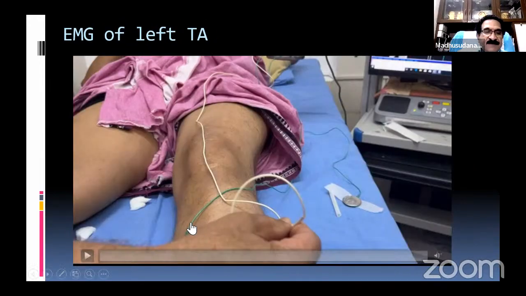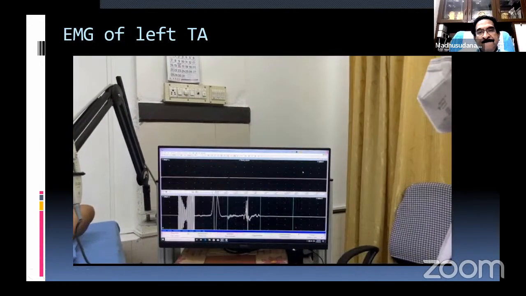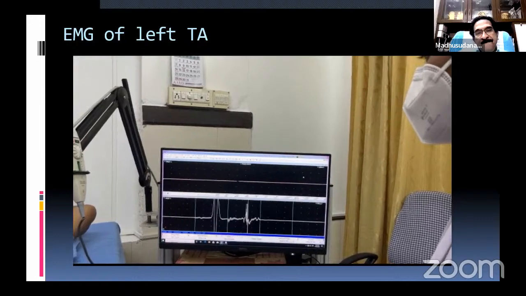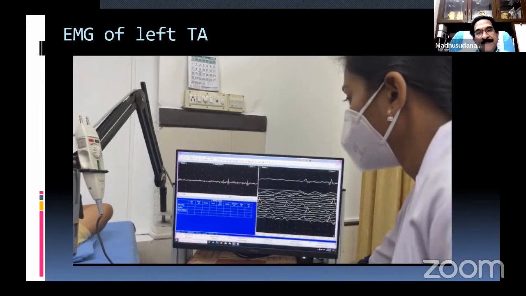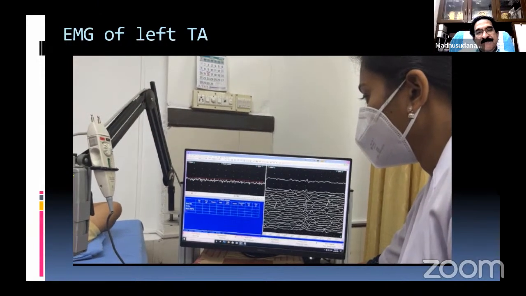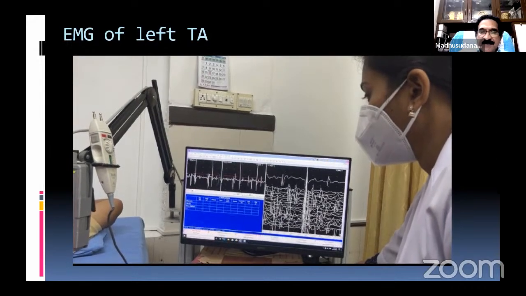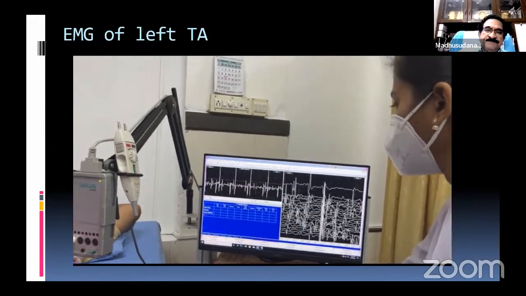Then I did the left side. No, there's no increased firing frequency. That is normal.